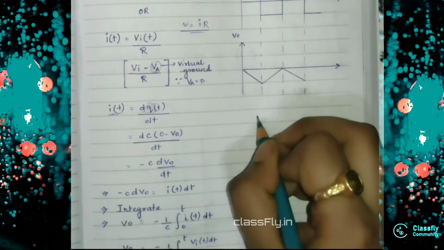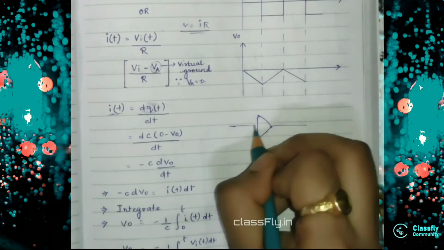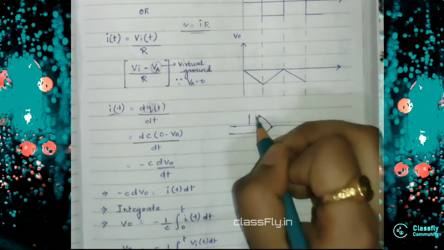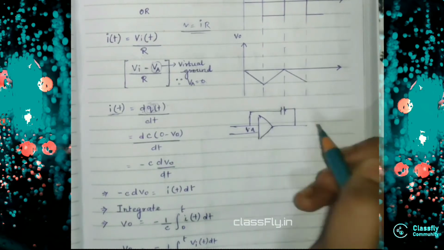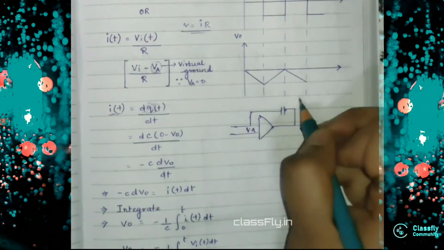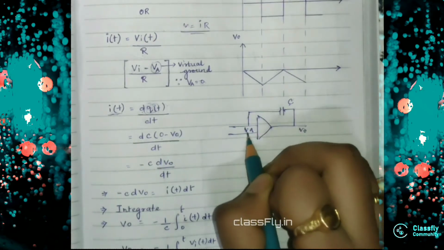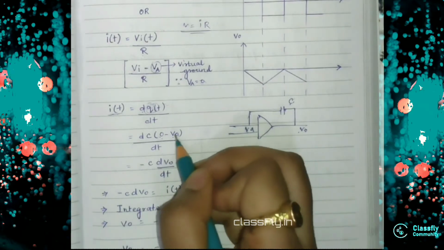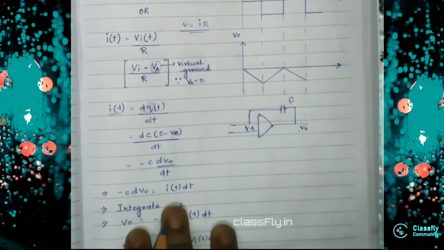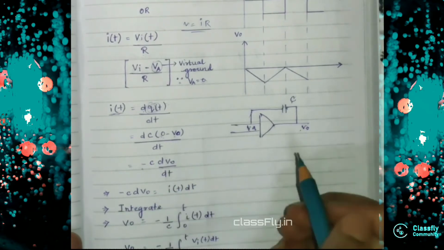How? See, this was the circuit, right? This was Va, this was V0, and this was C. So respectively the voltage will be Va minus V0, so I wrote 0 minus V0. When I solve this, I get minus C dV0 by dt.